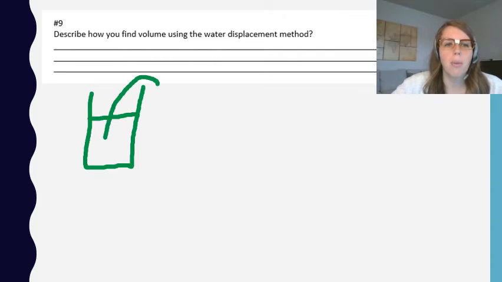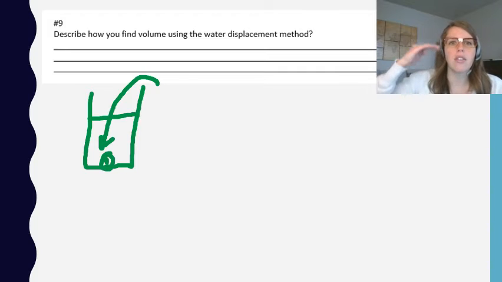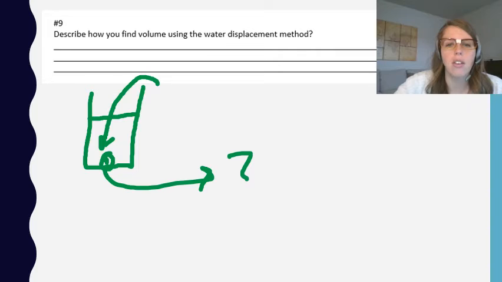Then drop the object in and see what the new volume is. The difference between the original and the new volume is going to be the volume of that object. So hopefully that makes sense based on what we talked about on the previous slide as well, to find the volume of an awkward object.